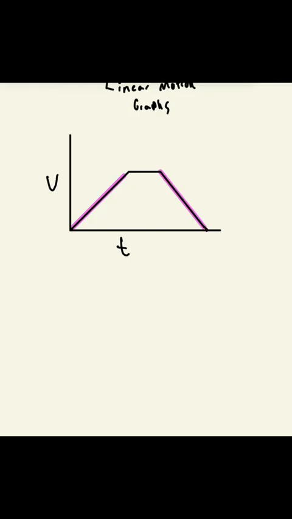Now, if the gradient is positive, so if it's going uphill, that means the object is speeding up. So positive gradient means speeding up. I'm just going to put M for gradient.